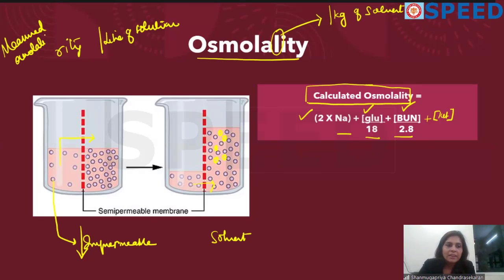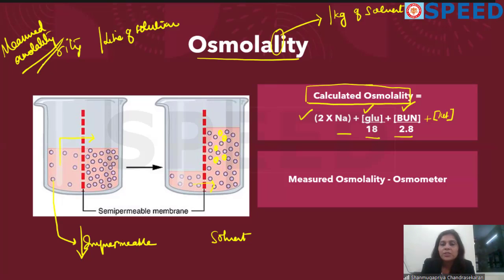You don't want a calculated osmolality. When you mention that, they measure it using an equipment called an osmometer. This osmometer is based on freezing point depression, and it will give you exactly the osmolality of serum or plasma of the person.